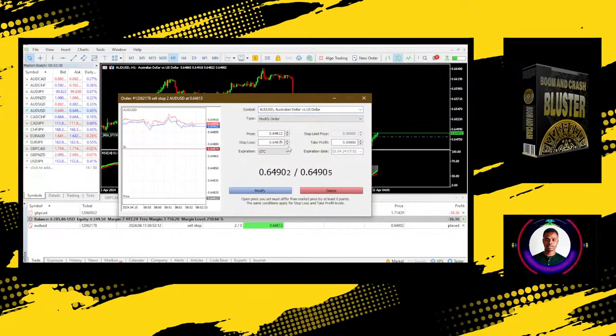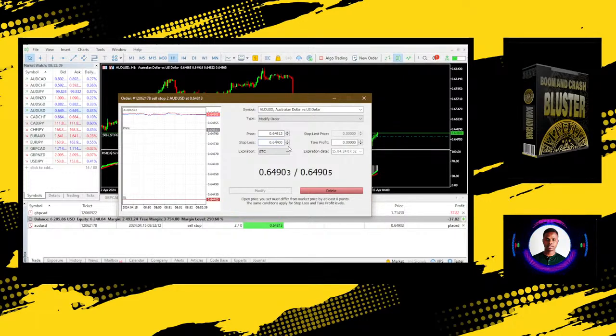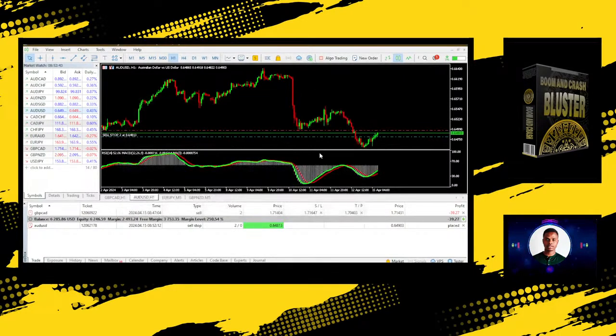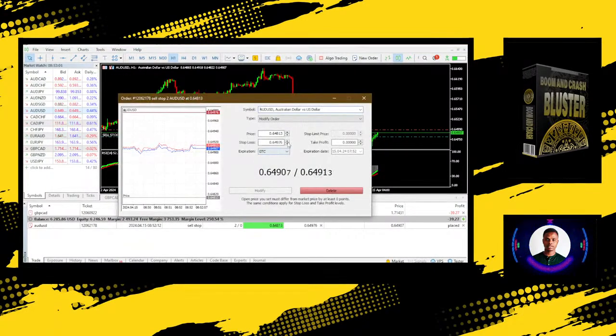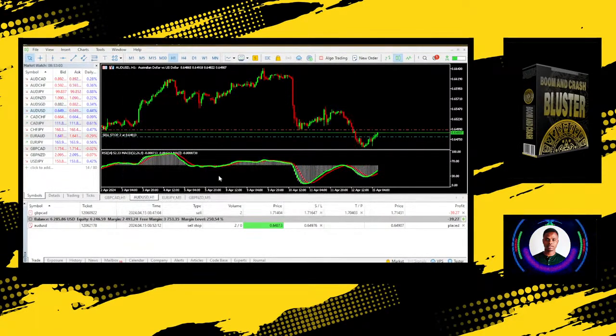Okay, 6496, just like this. Okay, so this stop loss is gonna be here, and once the market hits the sell stop, we are going to look again where to put our take profit. So I'm gonna ignore the take profit for this one.